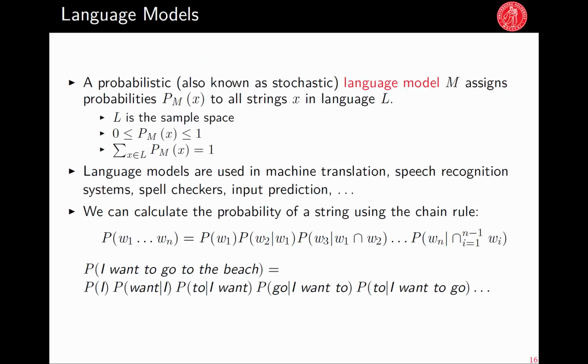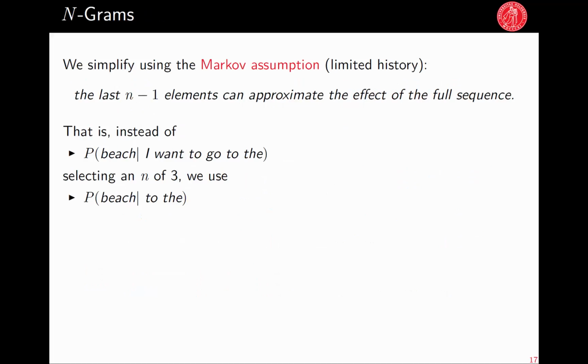To make those probabilities easier and more reliable to estimate, we'll make a simplifying assumption, in a sense an assumption of partial independence, which is called the Markov assumption. The Markov assumption essentially says the conditions on what can go into position n depend mostly on the most immediately preceding context.